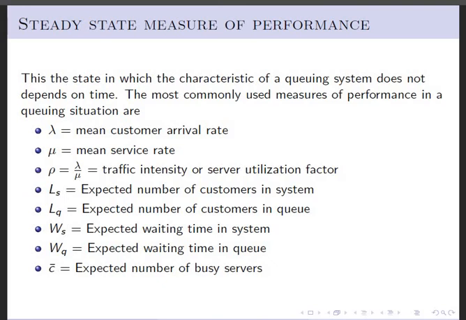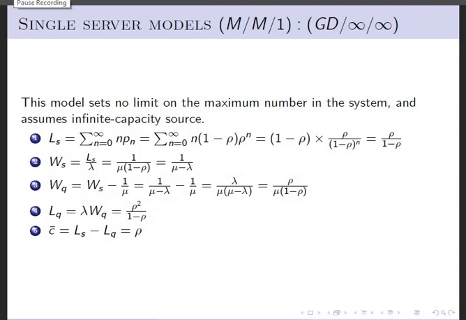LS and LQ are the expected number of customers in the system and queue respectively. WS and WQ are the expected waiting time in the system and queue respectively, and C bar is the expected number of busy servers. Consider a single server model with infinite capacity of source and queue length.